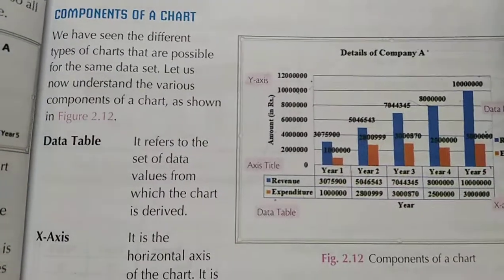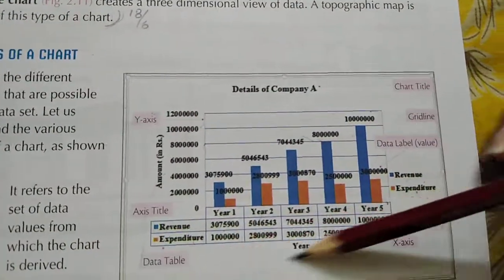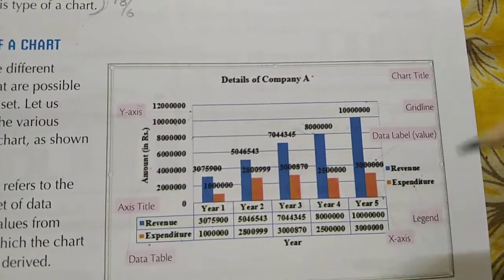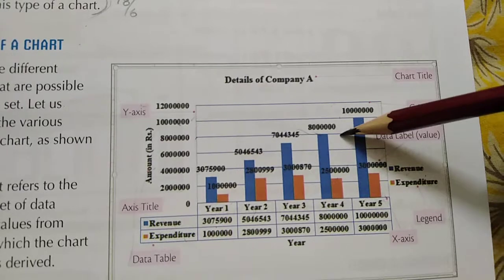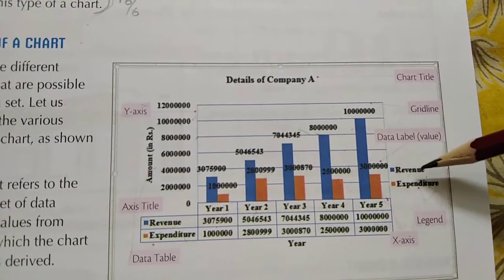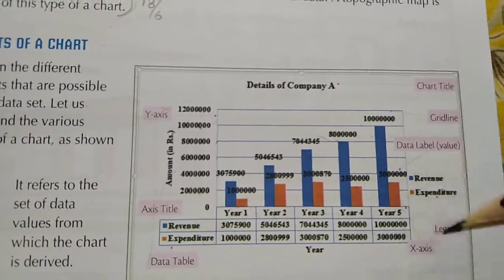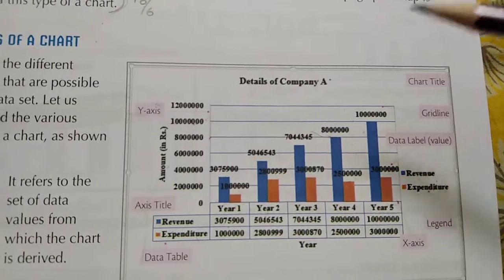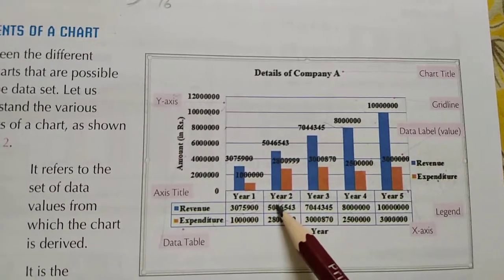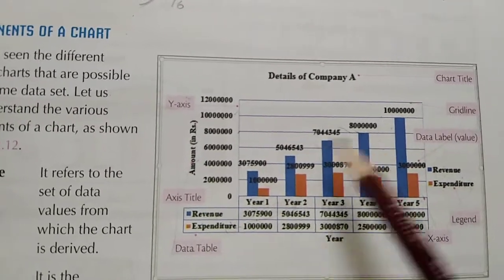There are several components of a chart. For example, this is the y-axis, this is the x-axis. You can have grid lines also, so you can easily assess your data. Here are the legends, which represent by color which thing represents what. And you can also show the data tables, so you can have an idea of what the chart contains.